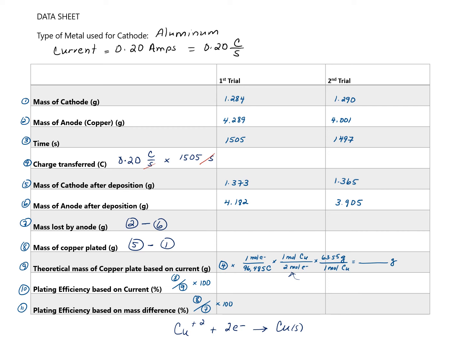That's what we're doing with the third conversion factor. That's going to tell you the amount of copper you're expecting to plate on top of the aluminum when you're using a current equal to 0.2 and running the experiment for roughly 25 minutes. So that's the theoretical amount.